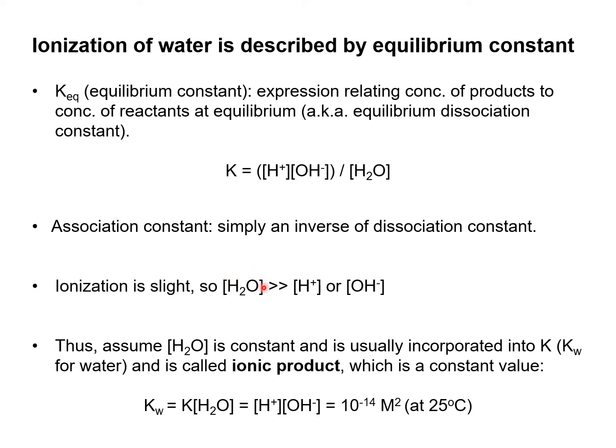So this concentration of water molecules is pretty constant, so you can put it into this formula by moving the concentration of water to the other side of the expression to get the Kw, which is the ionic product. And that is constant at 10 to the minus 14 molar squared at standard state.